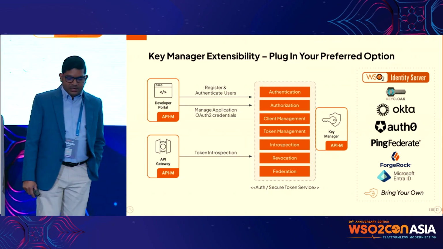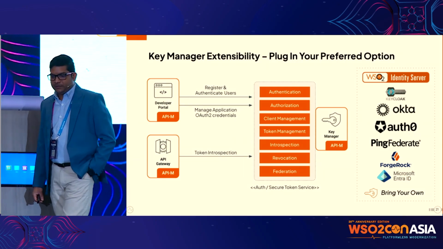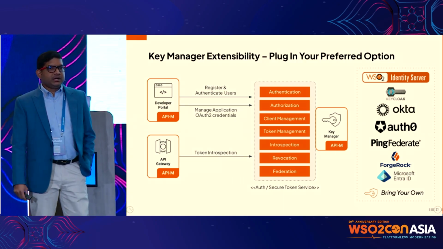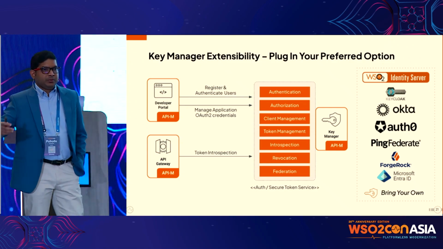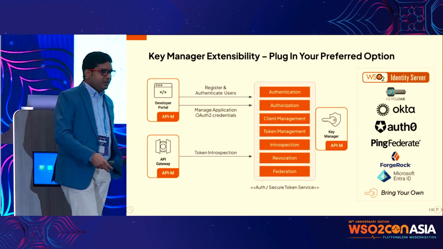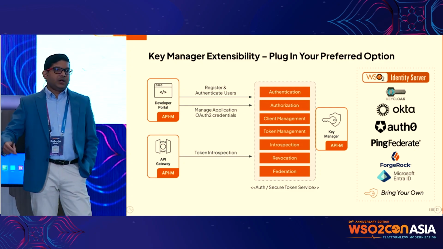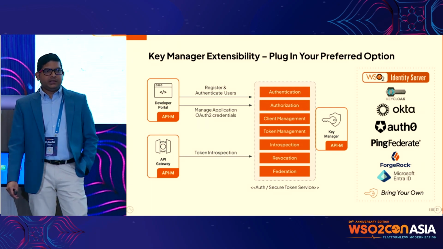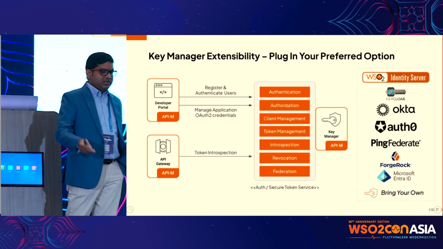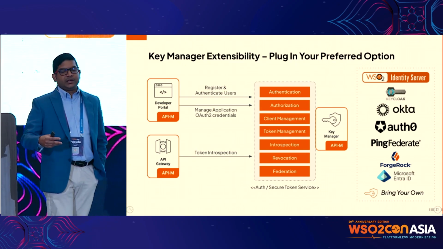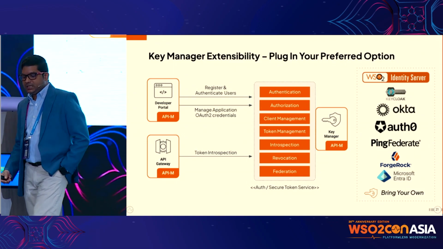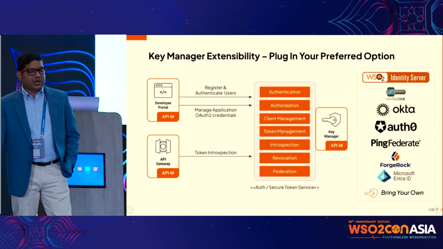Right, so key manager extensibility is one of the aspects. If you take today's world, you may be using some of the key managers or identity access providers right now. Maybe you are using WSO2 Identity Server, maybe Okta, Auth0, Ping Federate, likewise. So the idea is that you don't need to stick with one key manager.